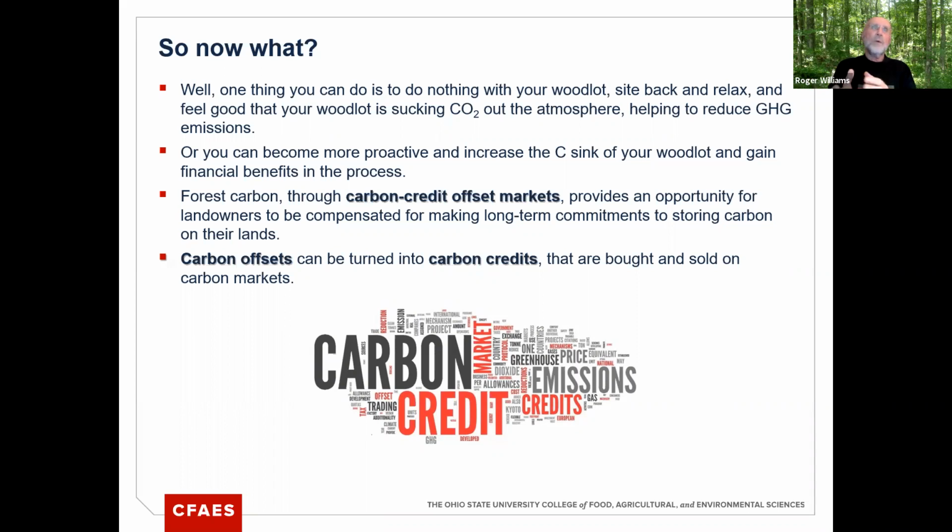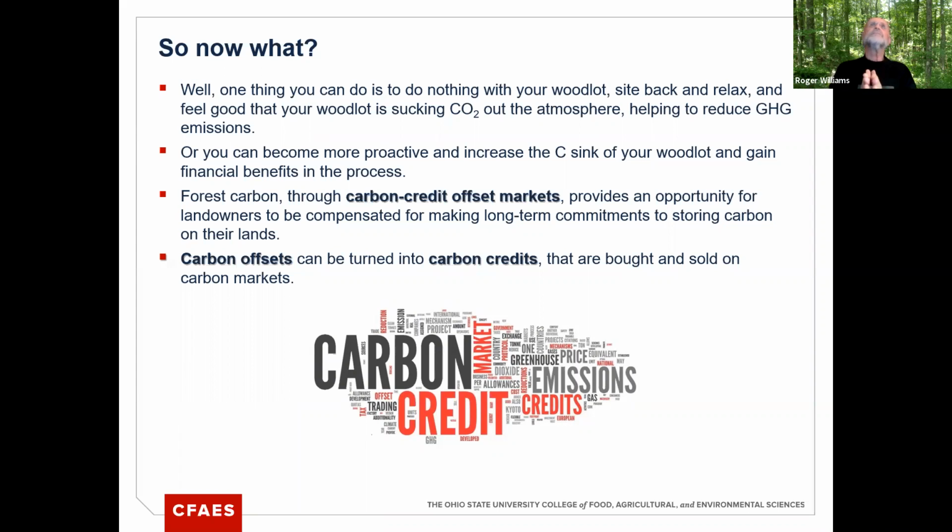Or you can become more proactive and increase the carbon sink of your woodlot, and possibly gain financial benefits in the process. Forest carbon through carbon credit offset markets provides an opportunity for landowners to be compensated for making long-term commitments to storing carbon on their lands.